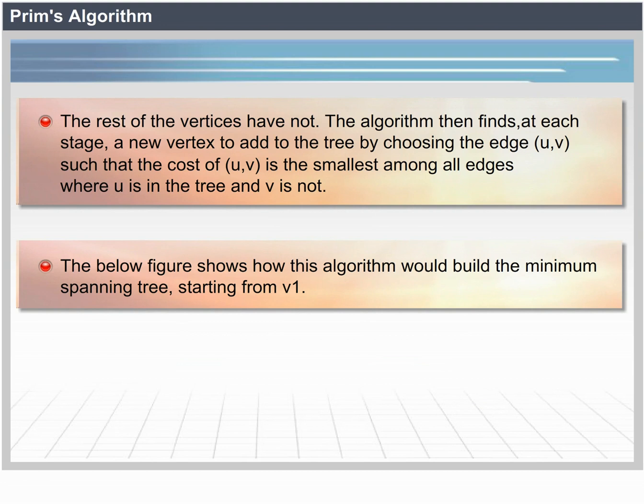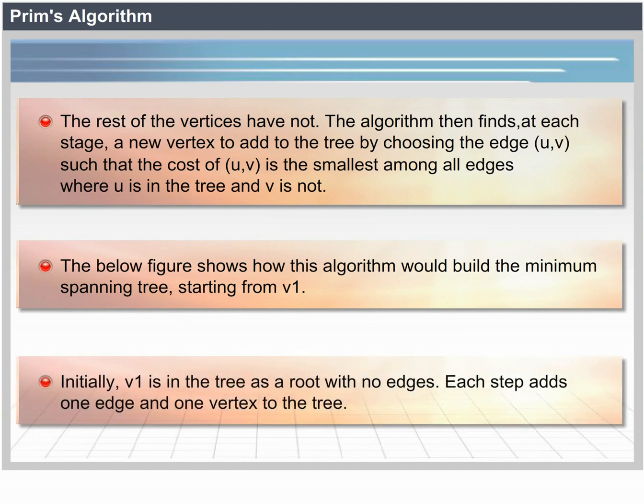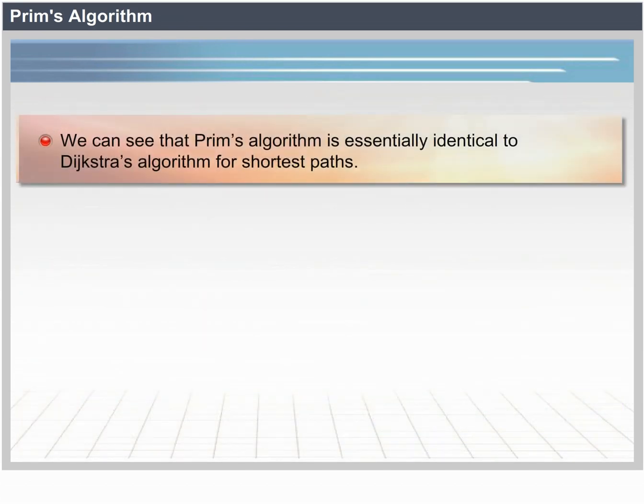Initially, v1 is in the tree as a root with no edges. Each step adds one edge and one vertex to the tree. We can see that Prim's algorithm is essentially identical to Dijkstra's algorithm for shortest paths.